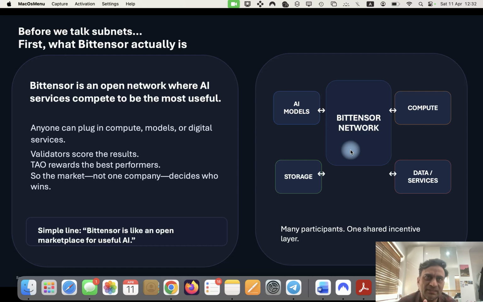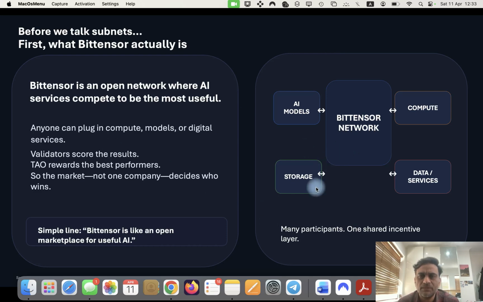Based on the validators' results, the rewards will be distributed accordingly. So the market, not one company, decides who wins. In a simple one-liner, Bittensor is like an open market for useful AI. Hope it makes sense.